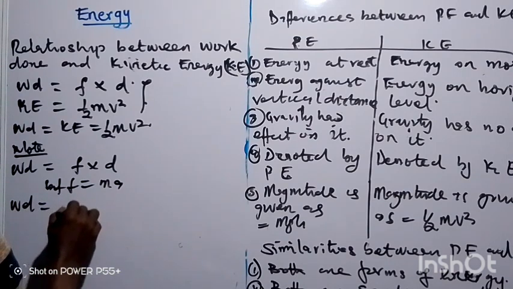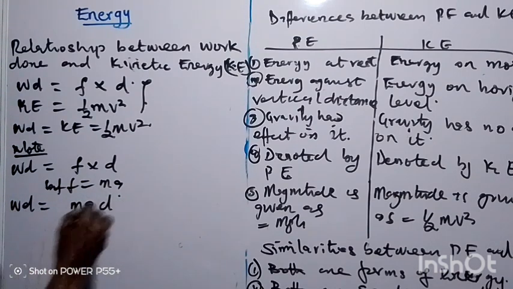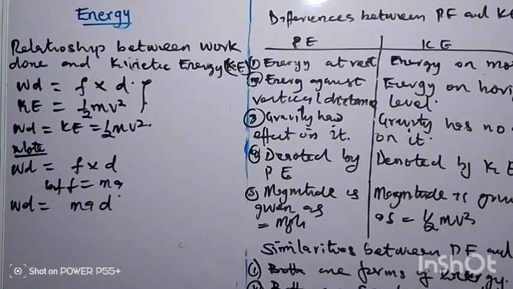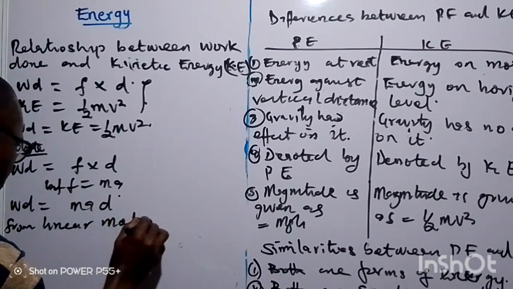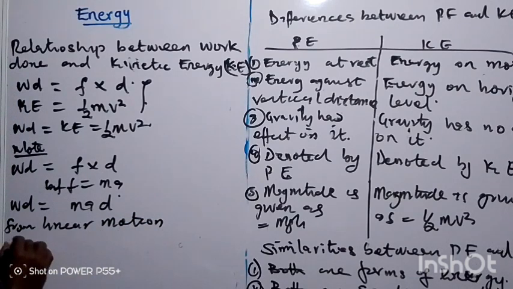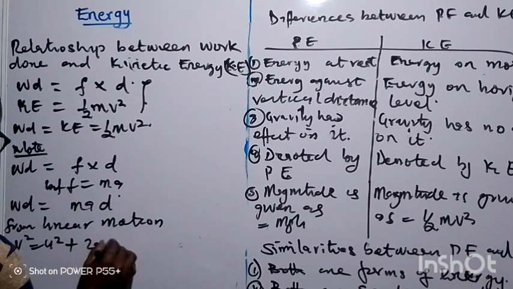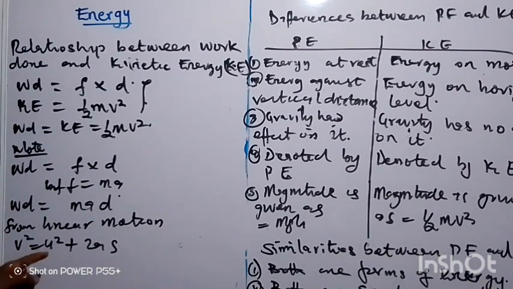And under this one, we don't need a. Let's substitute for a from the linear equation of motion. We can now say from linear motion, we know that v squared is equal to u squared plus 2as. Now in this equation, let's make a the subject of the formula. Mind you, u is the initial velocity, where v is the final velocity.